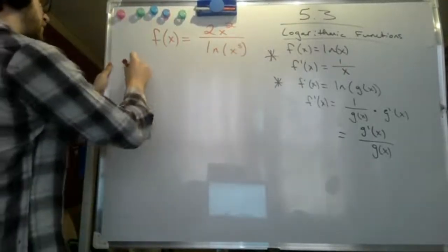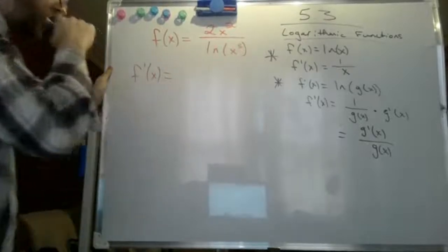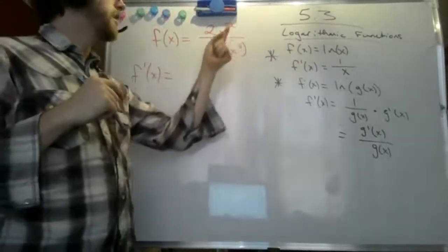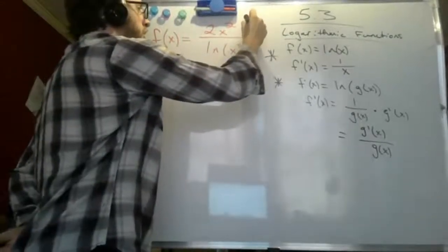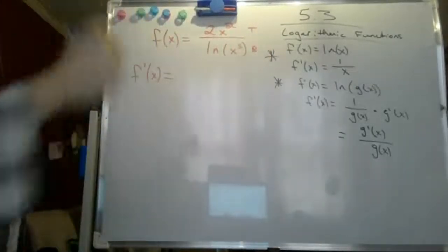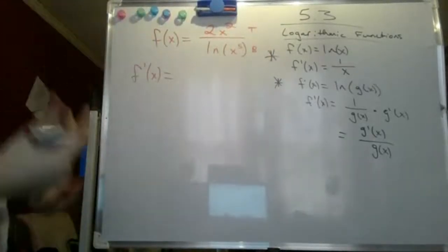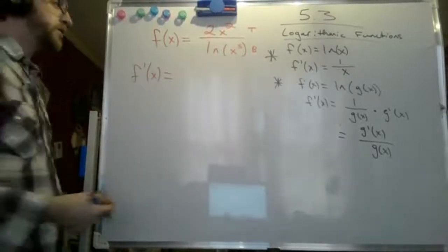So we want to take the derivative here, and we notice we have a fraction. We have a function divided by a function, a top divided by a bottom. So in order to take our derivative here, we're going to need to use the quotient rule. So what is the quotient rule?